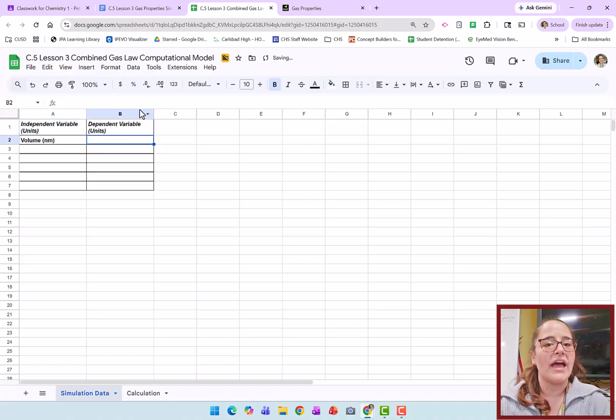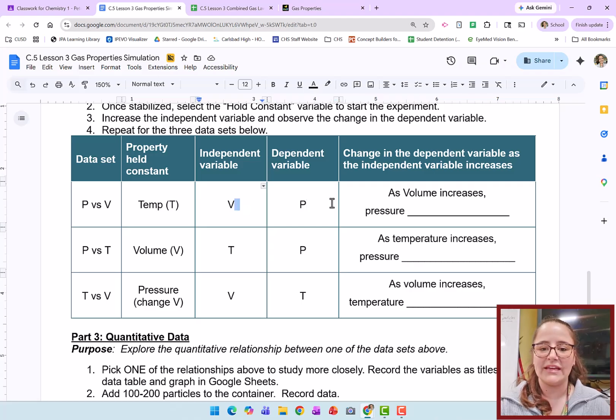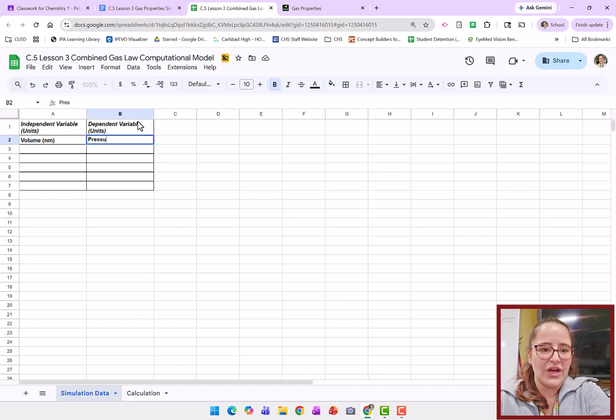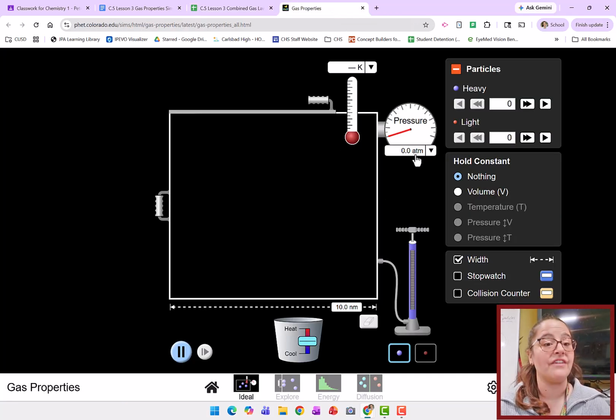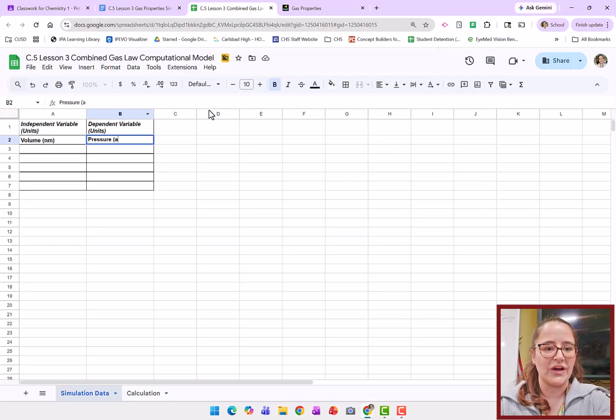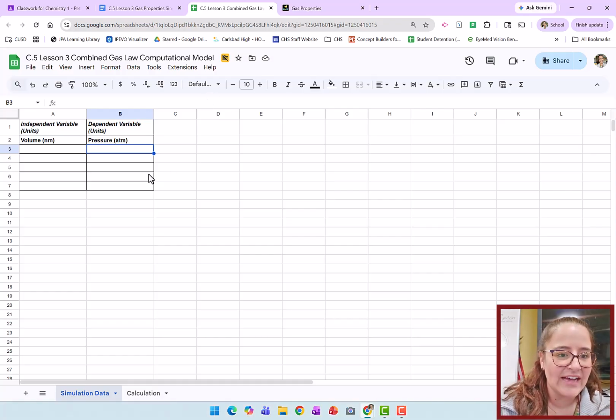Our dependent variable is P, the pressure, and in the simulation that is in units of atmospheres, ATM. So let's get a sample of gas and get going.